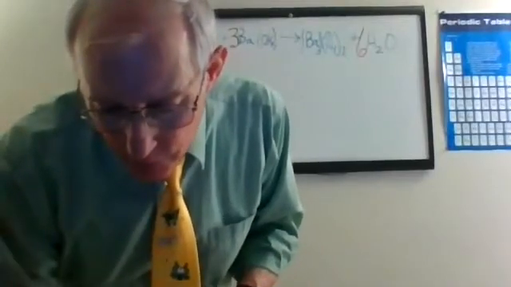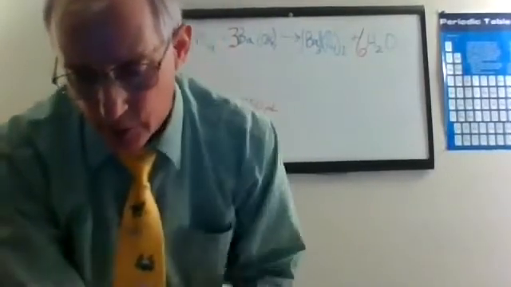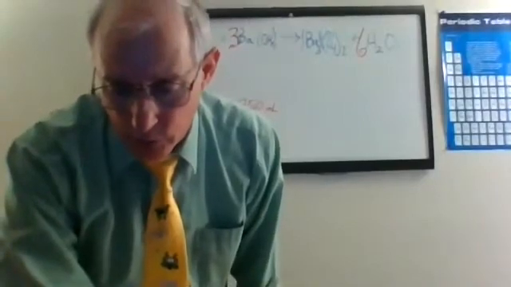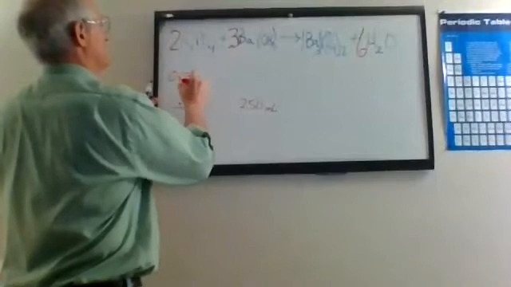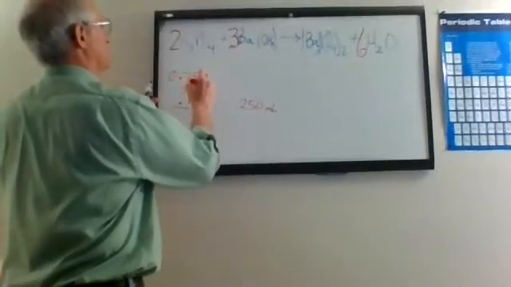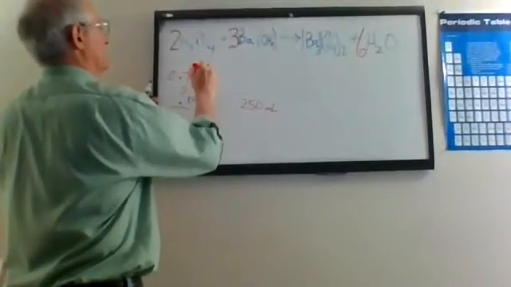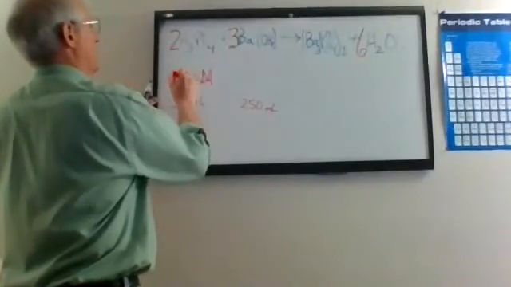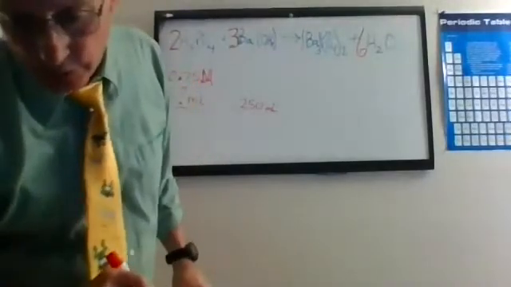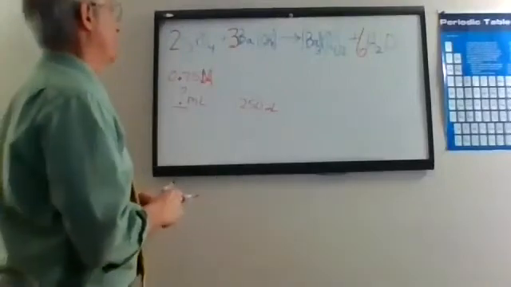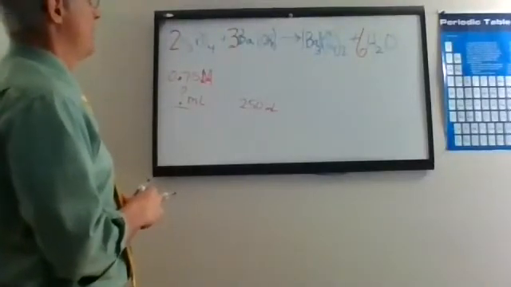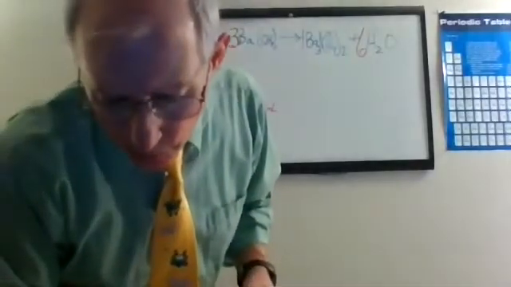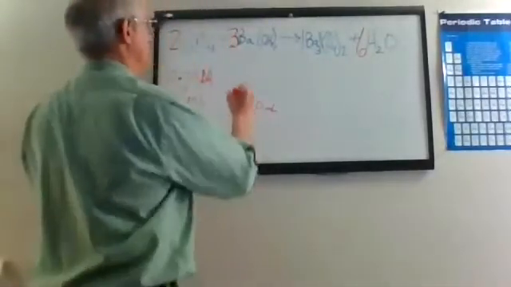Oh, I see where they gave us one more piece of information at the beginning of the problem. 0.75 molar phosphoric acid. Okay. Oh, and we got 0.15 molar.